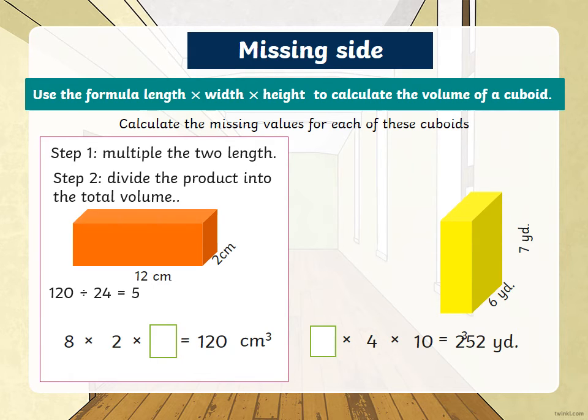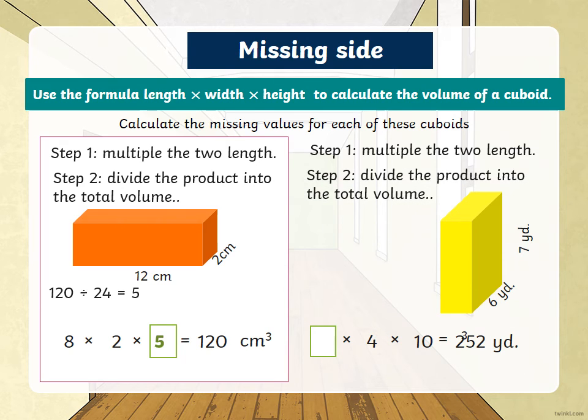Okay, let's look at the one on the right now. What did they give us? They gave us the height and the width, but they didn't give us any length. So we have to now solve for that. The first thing we are going to do is multiply the two sides, which are 6 times 7. 6 times 7 gives us what? 42.